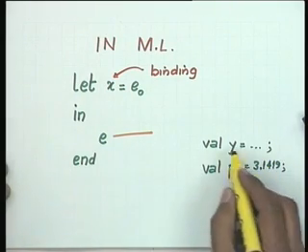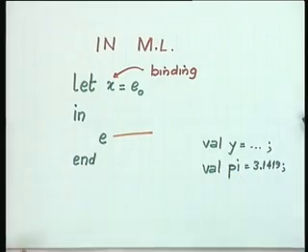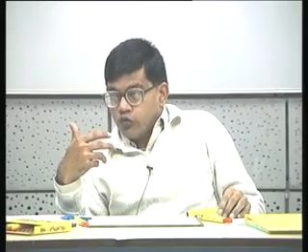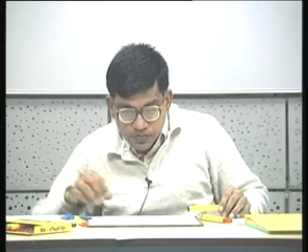So, all these are binding occurrences, and what you are doing is you are creating an environment of names along with meanings, and you are using those names in your subsequent expressions, right.